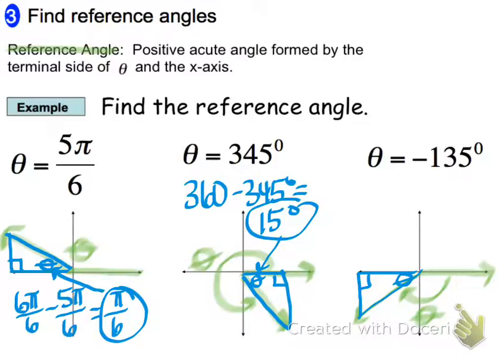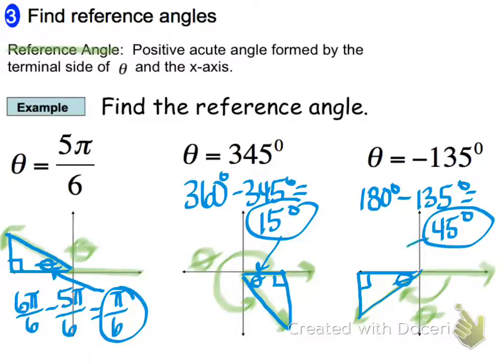I want to know how much is left. So really, what I'm going to do right now is ignore the fact that we're negative, and say all the way around would be 180 degrees. I'm going to subtract 135 degrees, and I'm left with 45 degrees. That means the reference angle I could use is 45 degrees.